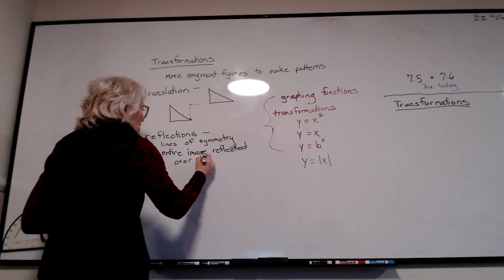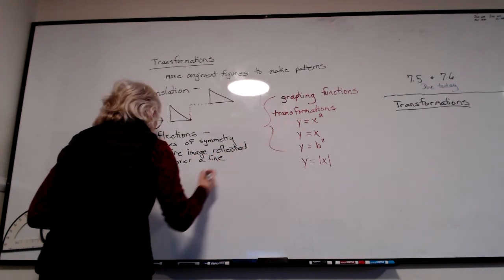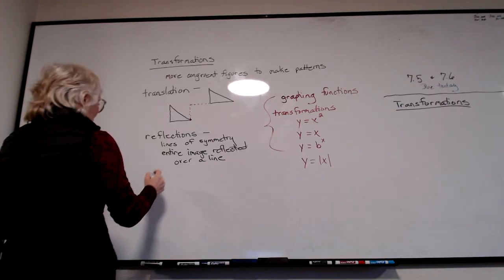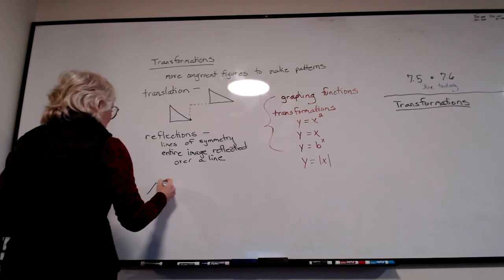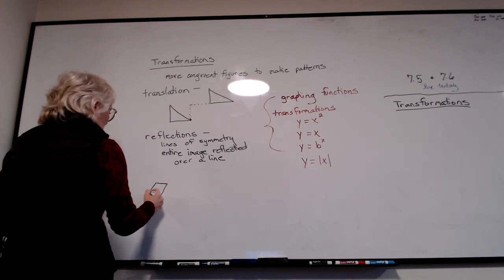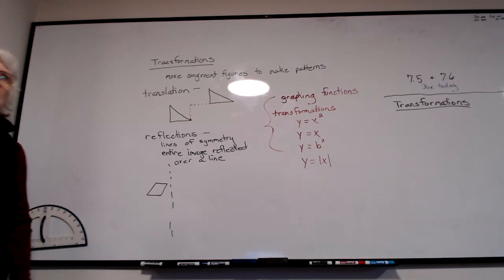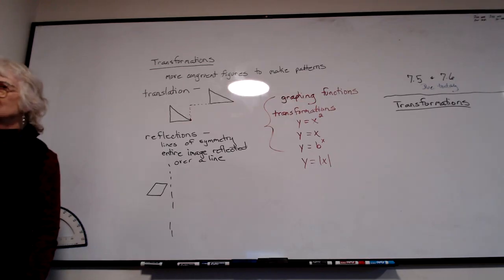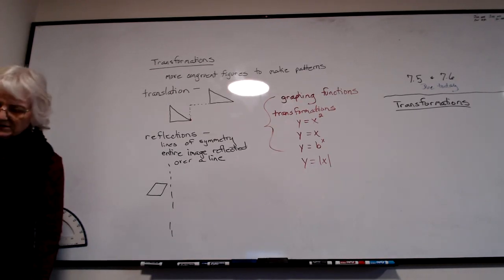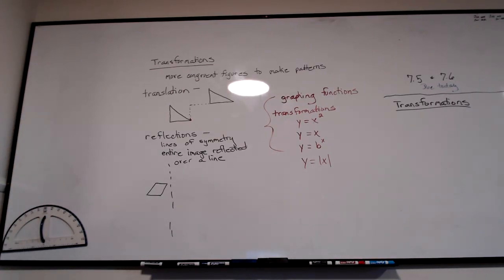Okay? So let's say that I have this parallelogram that looks kind of like that, and I'm reflecting it over this line, okay? What would that look like if I reflected it over?